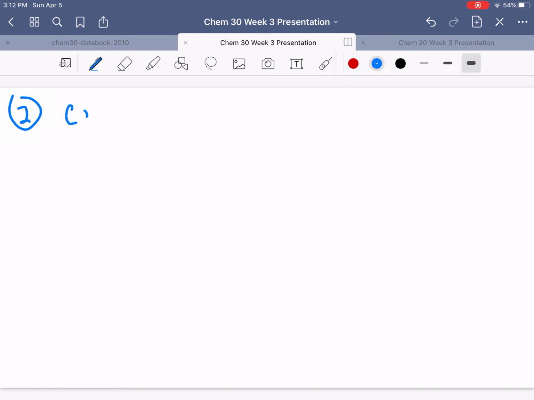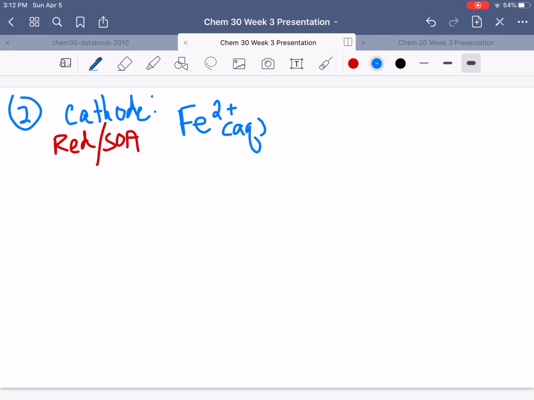We're going to say, okay, what's happening at the cathode? Now, again, don't lose sight: the cathode is just a reduction reaction, and it's the SOA. So same stuff that we did before. This is going to be your Fe2+, to be specific, which is going to gain 2 electrons.